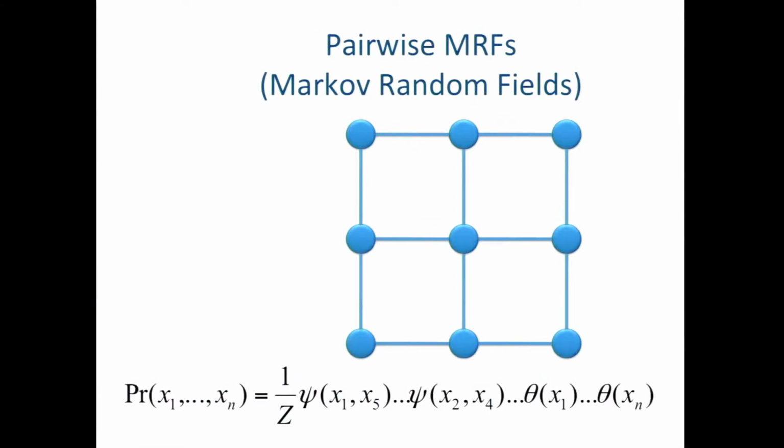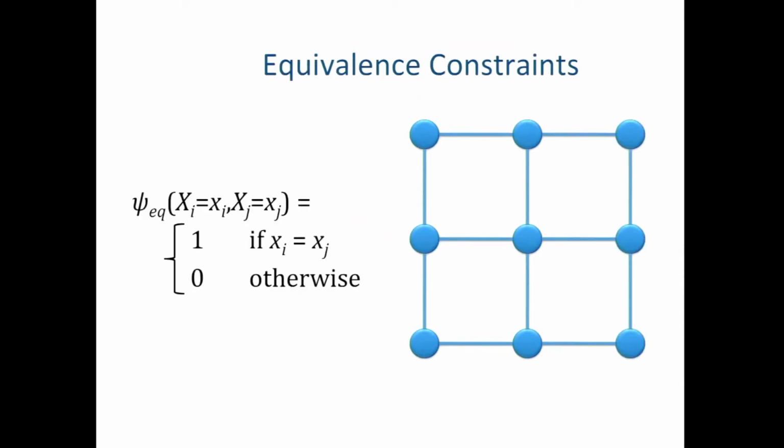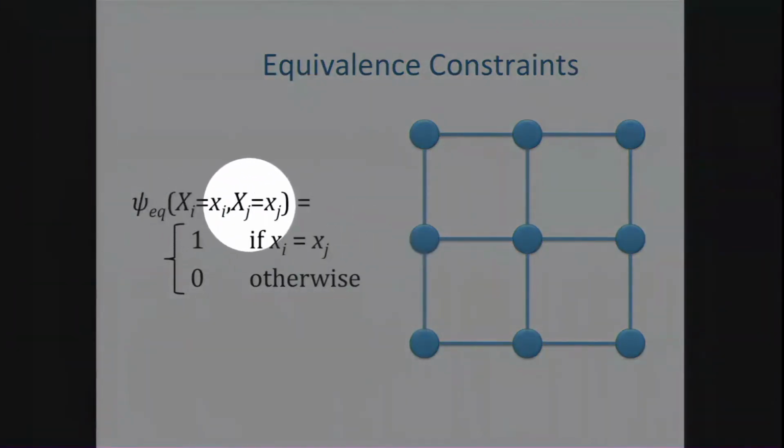Now, look at this technique of approximating a model by relaxing equivalence constraints or equalities. As you will see, you can use this technique to take any model and control the treewidth. That is, you can reduce the treewidth as much as you want. Let's first see what is an equivalence constraint, or equality constraint. You have two variables, xi and xj, over the same values. It's a factor.